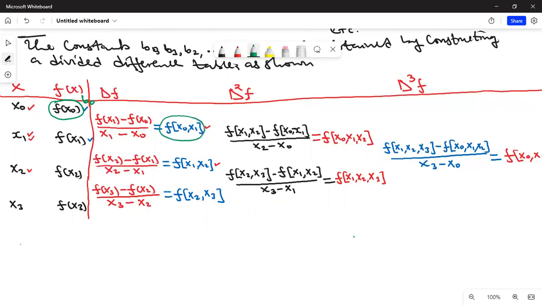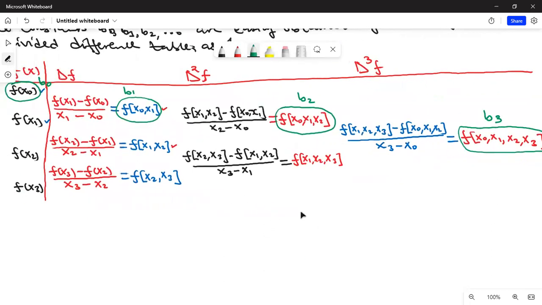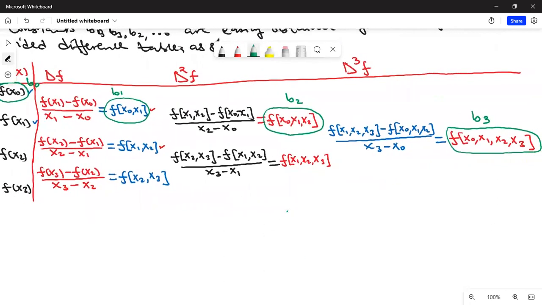This is the same as b1. This other one is the same as b2. And so you proceed in that manner. This other value here is the same as b3, etc. When you have higher order differences, you can go to b4, b5, etc.